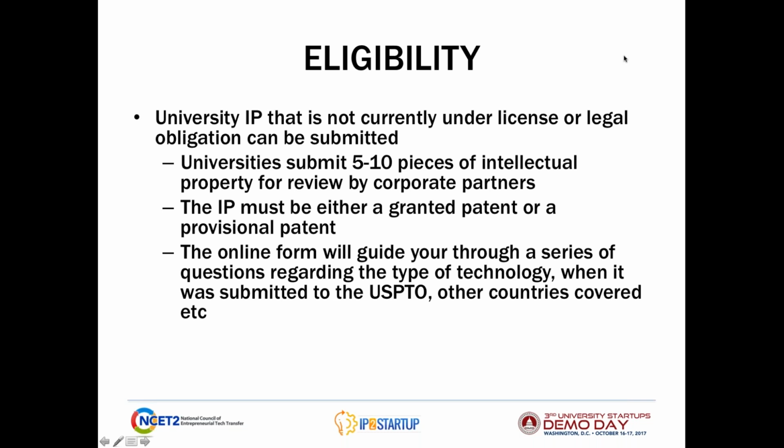And the IP has got to be either a granted patent or in process as a provisional, so that we have something under review. It's a piece of property that's under review. Corporates have a really hard time dealing with trade secrets or anything that is not related to actual property that they can take ownership of.